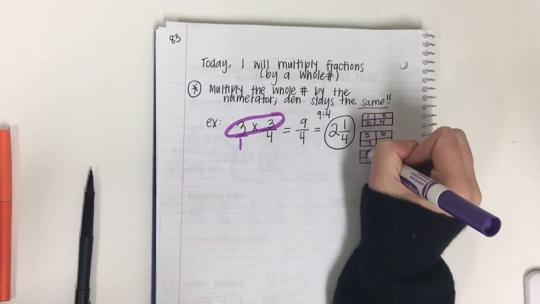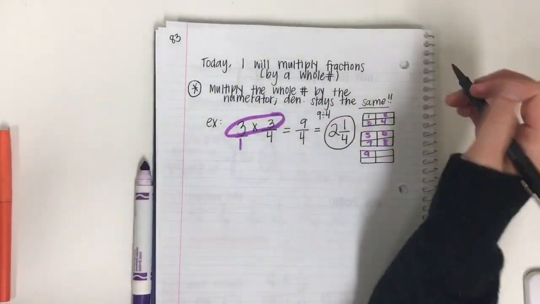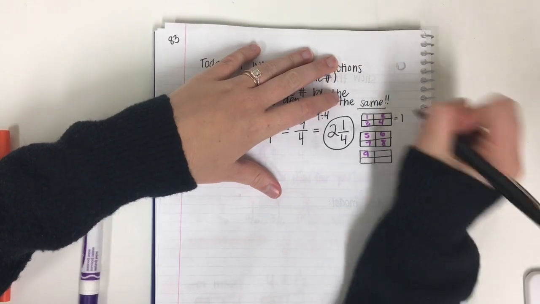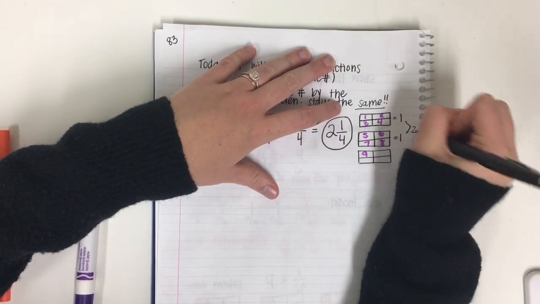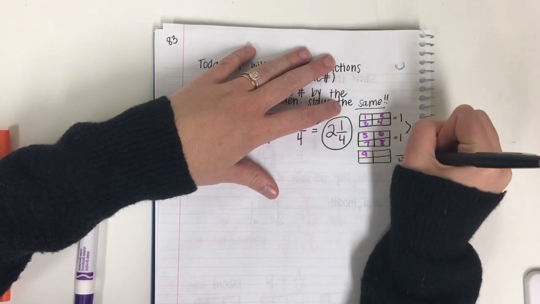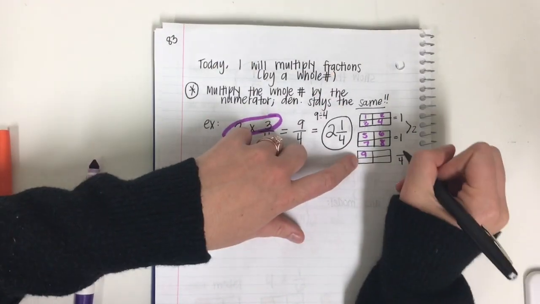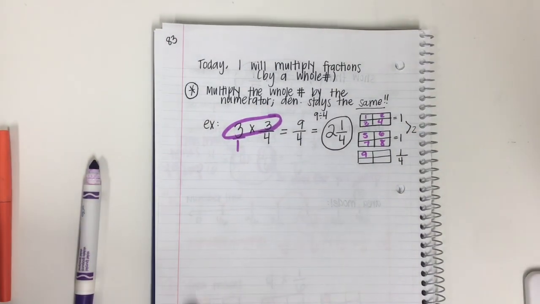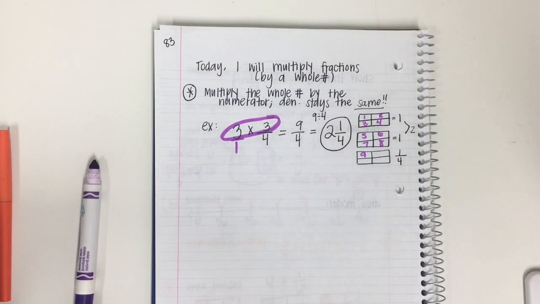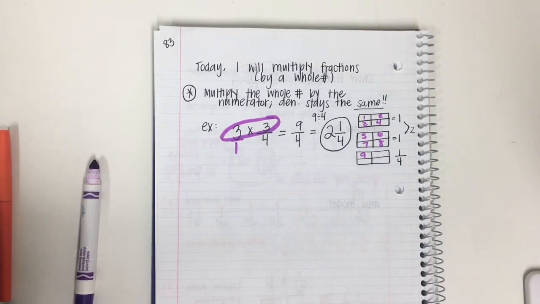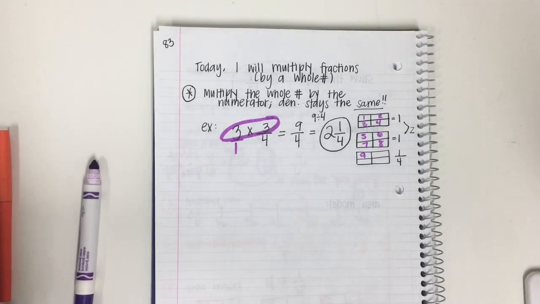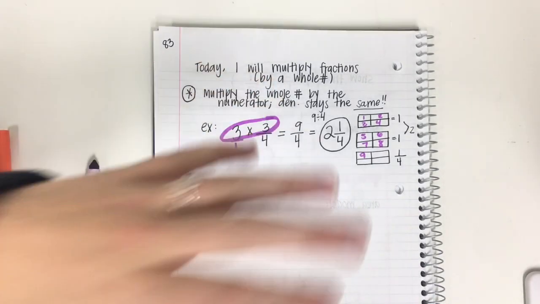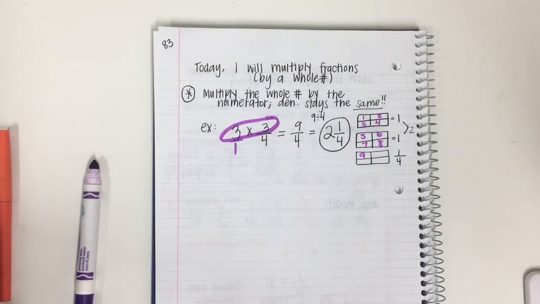So we have 9. So we want to think of how many wholes do we have. We have 1 whole box shaded. We have another box shaded, so that will give us 2. Our denominator down here is 4. 1 is shaded, so we have 2 and 1/4. Okay? So when you multiply the number by the numerator, the denominator stays the same. If it's an improper fraction, you need to put it into a mixed number. Okay? You can't leave it top heavy like that. You got to put it as a mixed number.